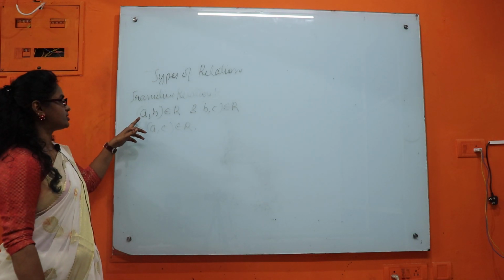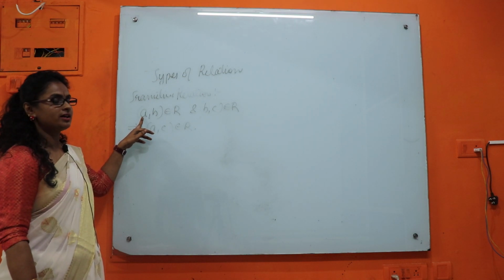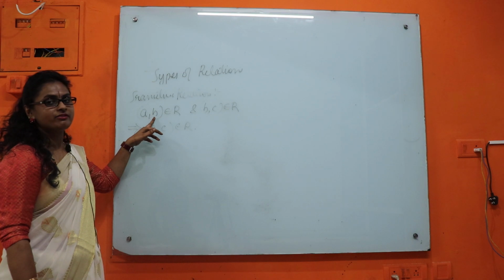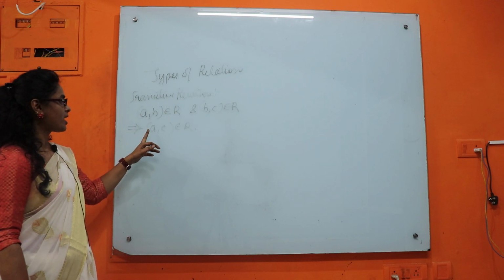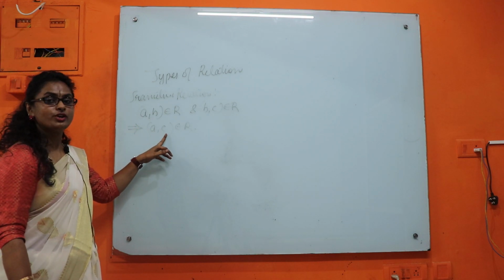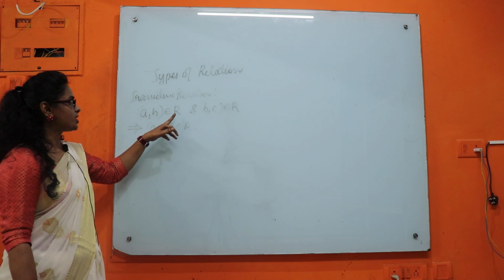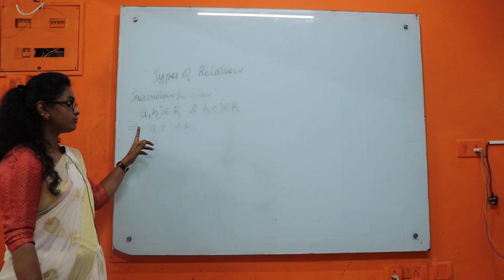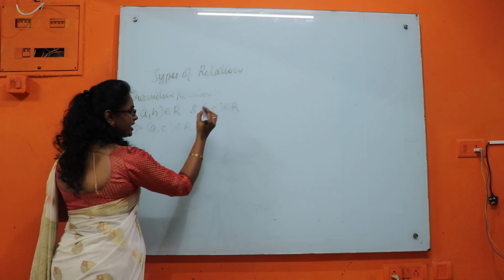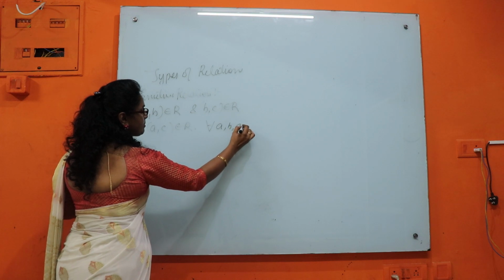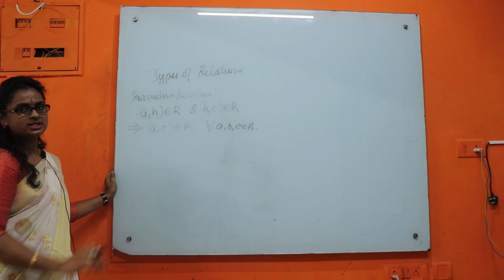A student says to his lecturer, "Sir, I like your teaching and I love you so much." You love your daughter so much. So it says that I love your daughter so much. Fine. So (a, b) belongs to R, (b, c) belongs to R must imply (a, c) also belongs to R, for all a, b, c belongs to the main set A. This is what is transitive.